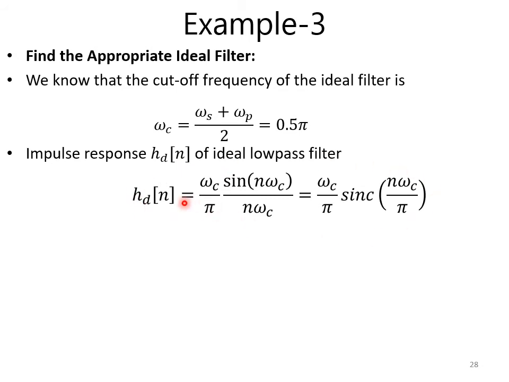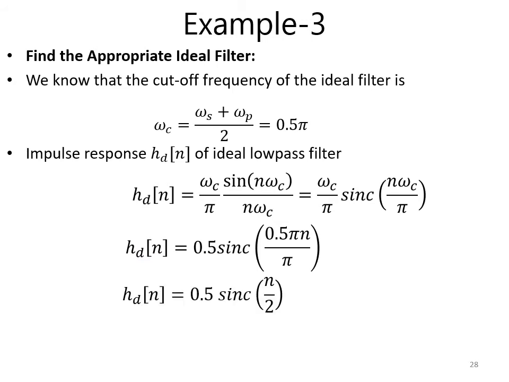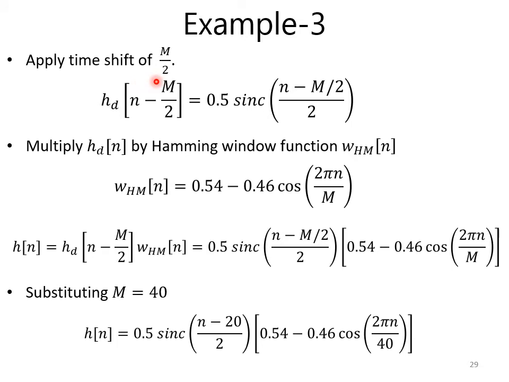Now the ideal low pass filter is represented by this impulse response. So hd of n is equal to omega c upon pi times sin(n omega c) upon (n omega c), which is basically the normalized sinc function, represented by omega c upon pi multiplied by sinc(n omega c upon pi). Now you can substitute the value of omega c here. Then we have to shift the ideal response by M upon 2 units in order to make it causal.